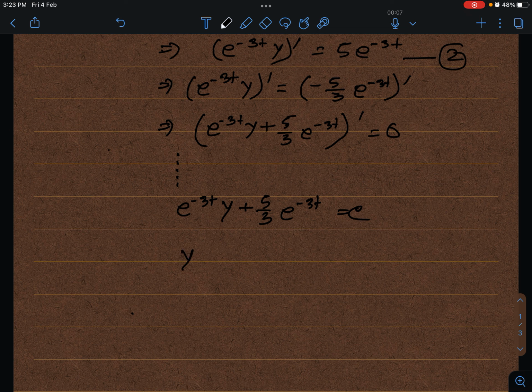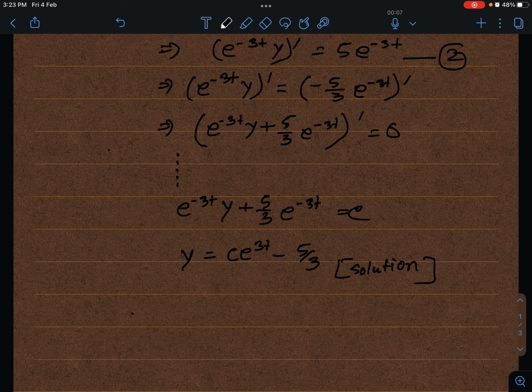So y would be something like c e to the power 3t minus 5 by 3. I hope I'm not wrong. So this is the solution for the given equation, and for different values of c, it might have different solutions.